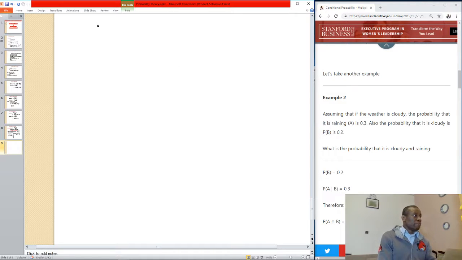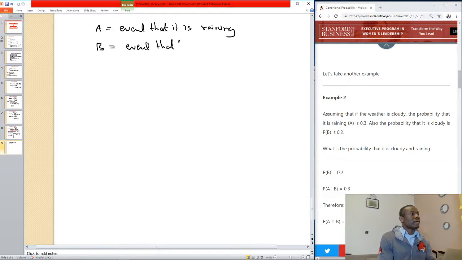So let's say A is equal to the event that it is raining, and B is equal to the event that the weather is cloudy.